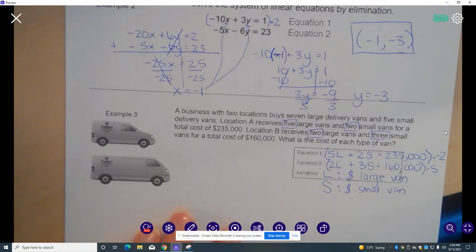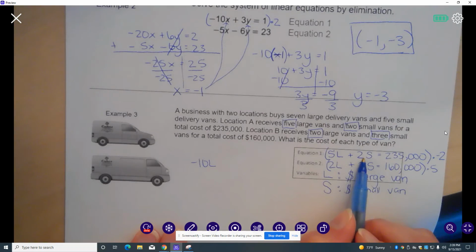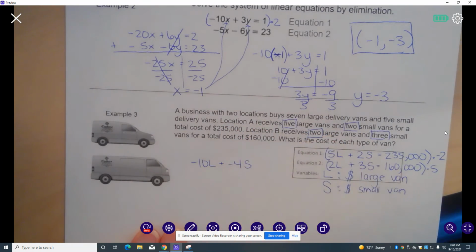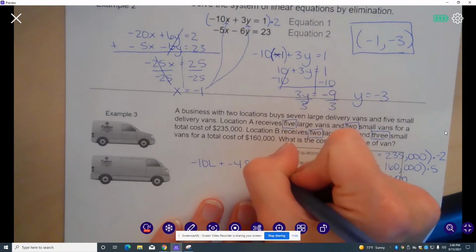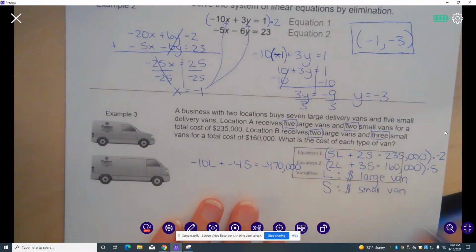So I'm going to multiply these by -2 and 5. So I have -10L, 2S times -2 is -4S. And then I have 235,000 times -2 is -470,000.